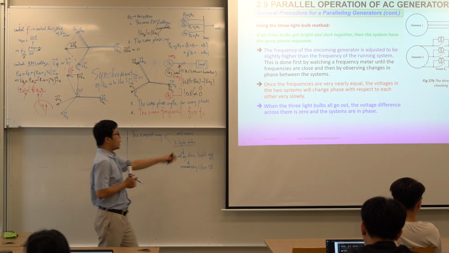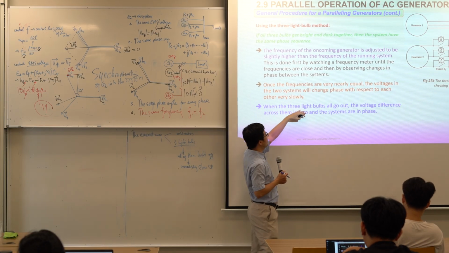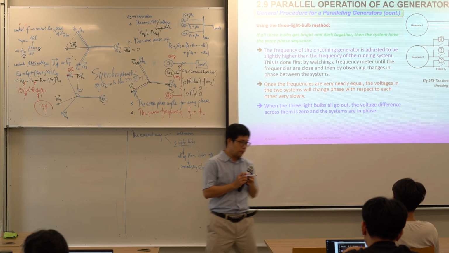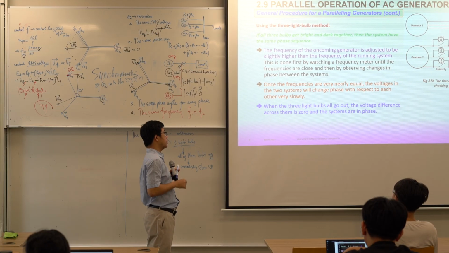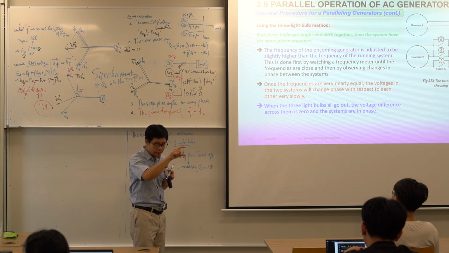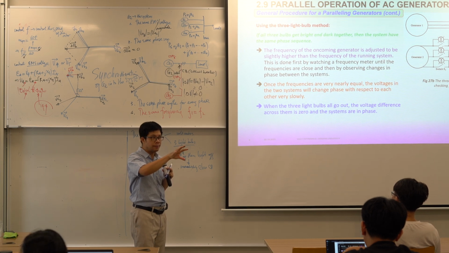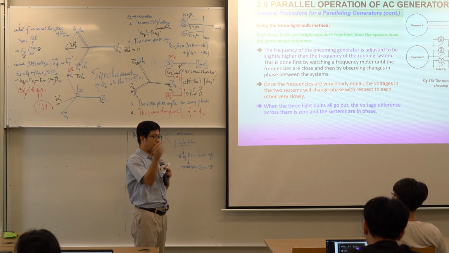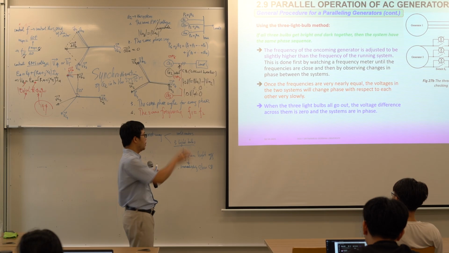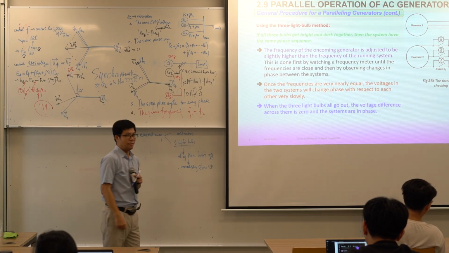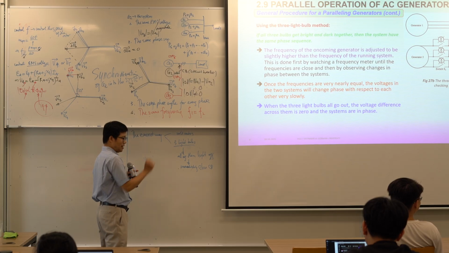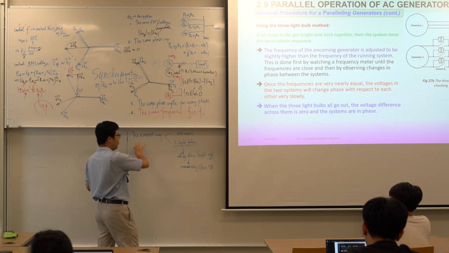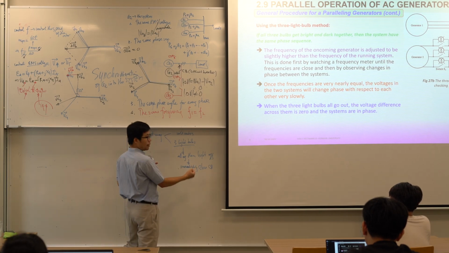The time when the three light bulbs go out is very fast, so you need to be concentrated. Use your eyes and observe. If the three light bulbs turn off, immediately close the circuit breakers. You observe the three light bulbs, and then you use your hand very quickly. If all of them turn off, close the circuit breakers.